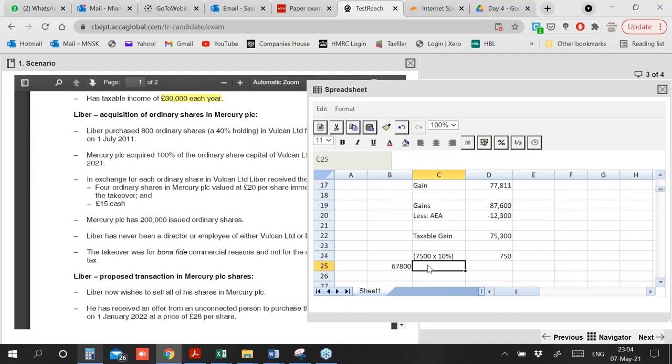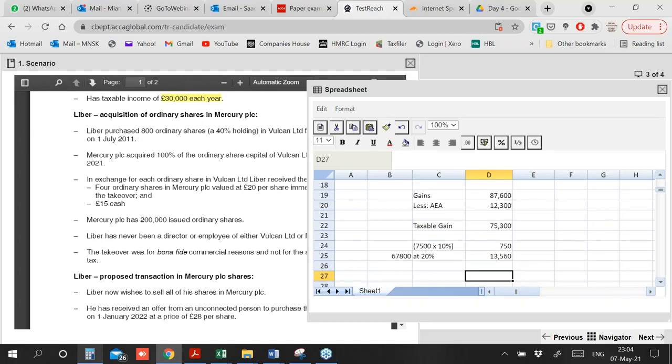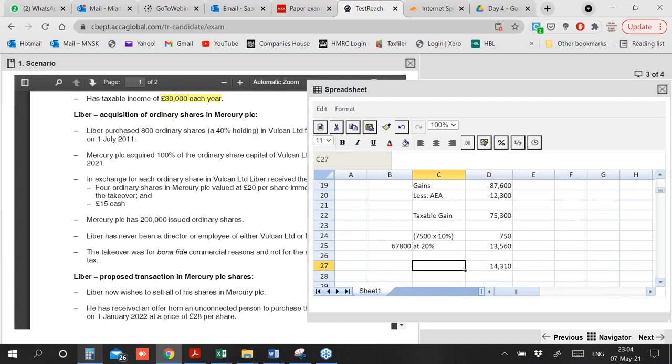That will be taxable at 20%. So this amount times 20%. So the total CGT liability will be this plus this, 14,310, considering she sells the shares this year.